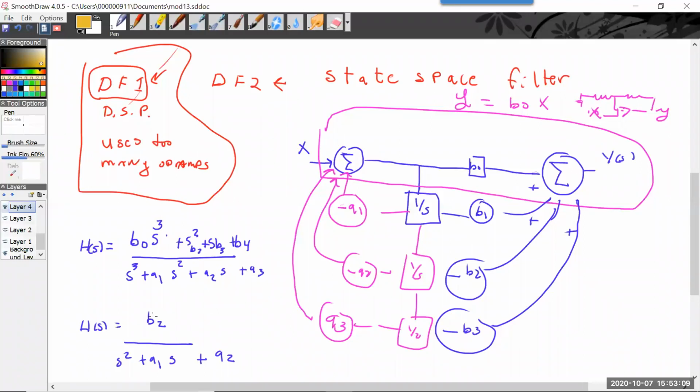Only B2 is here, so the signal would come out through B2, but there's no B1, so you get rid of it. There's no B0, so you get rid of it. There's no B3, so you get rid of it. In fact, there's no A3 either. If there's no need for one of these, you don't need that integrator.